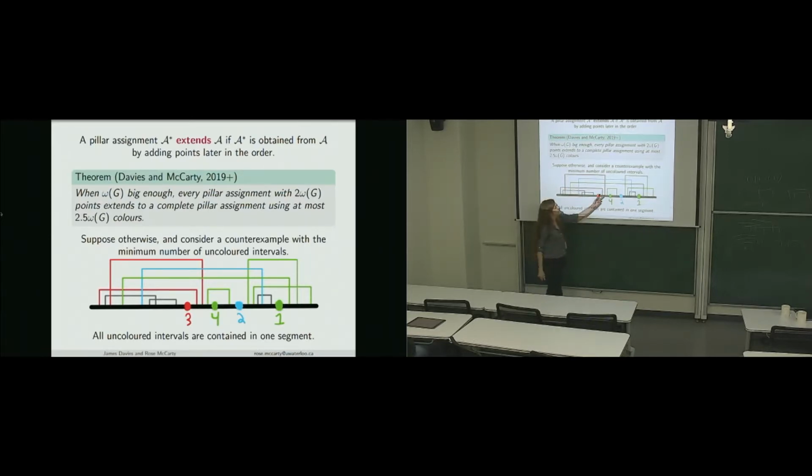And likewise, if there were intervals also here, you would delete them and extend to this side, and then you could join the two, because we're adding things later in the order, so what happens over here doesn't affect this part at all. So all of the uncolored intervals are in one segment.